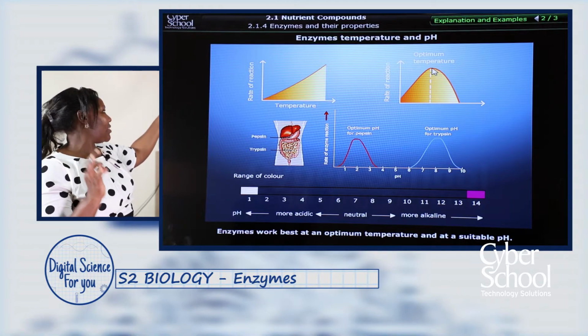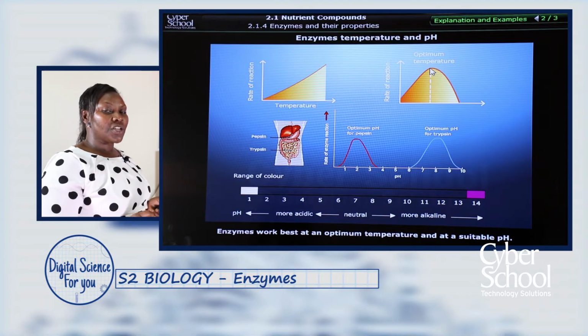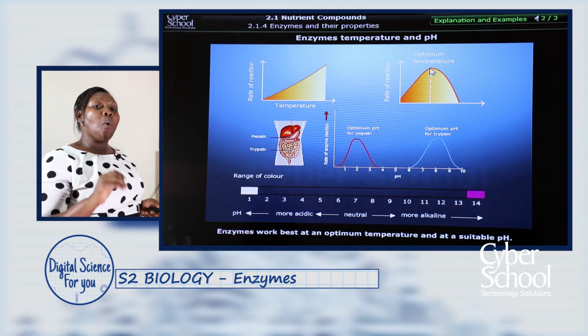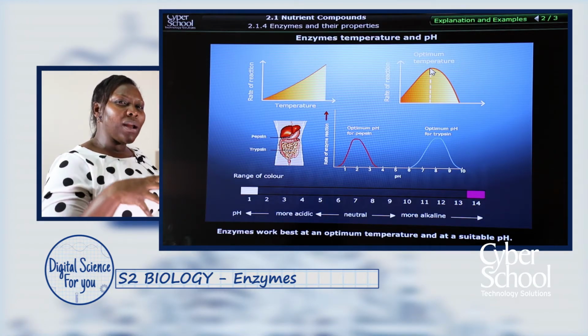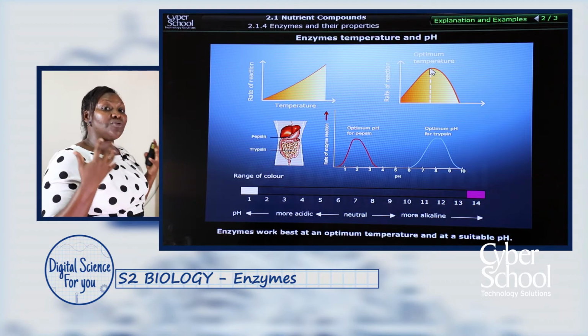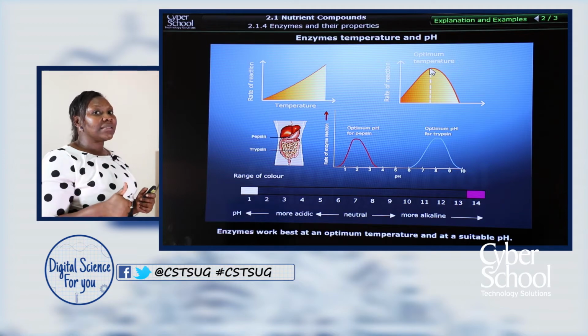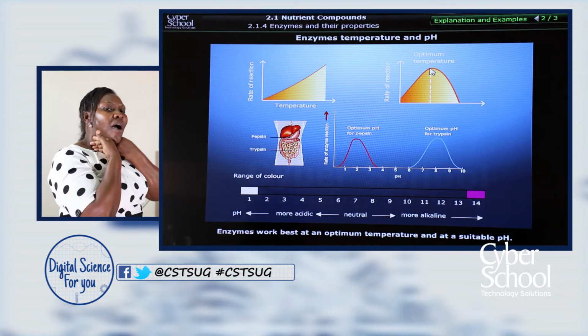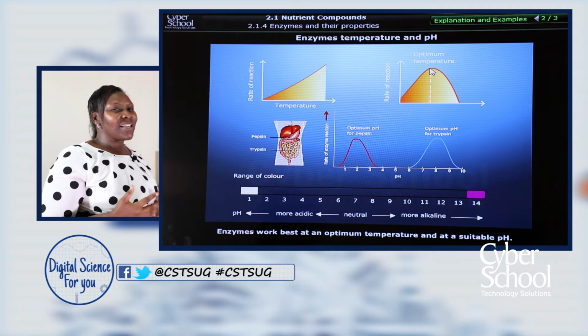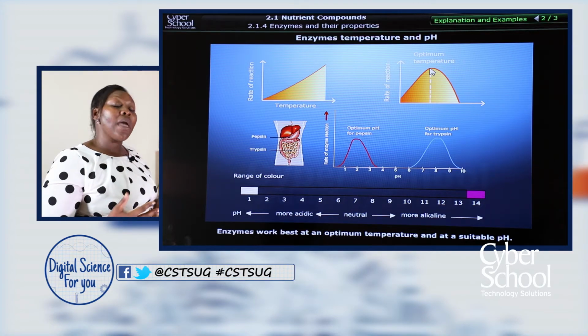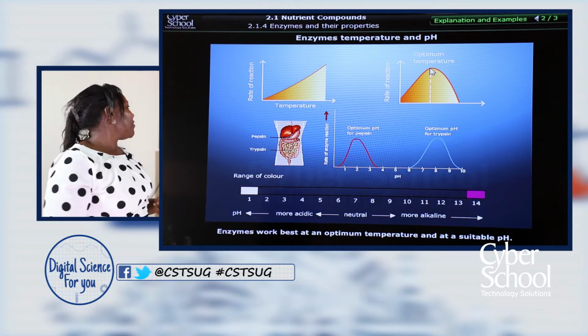So what is optimum temperature? Optimum temperature is the temperature when the enzymes are all activated and they have the highest rate of reaction, the best temperature at which an enzyme can work. Usually for our bodies, that optimum temperature is about 37 degrees. That is the normal body temperature where all activities can go on very well.